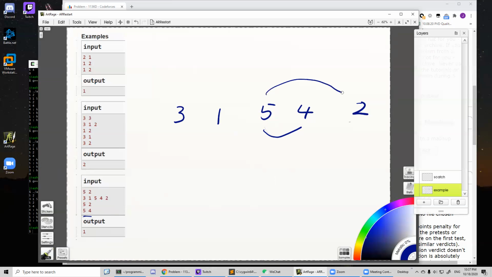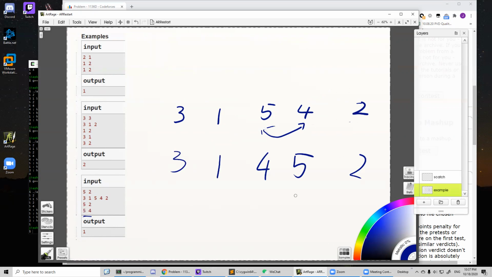We can never switch 5 and 2 because we can only switch two numbers that are next to each other, right? And not only do they need to be next to each other, the pair also has to appear in the given array, right? So can we switch these two guys? The answer is yes, so that we can have 4, 5, 2 here, right?